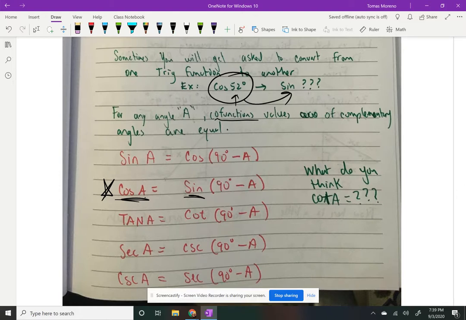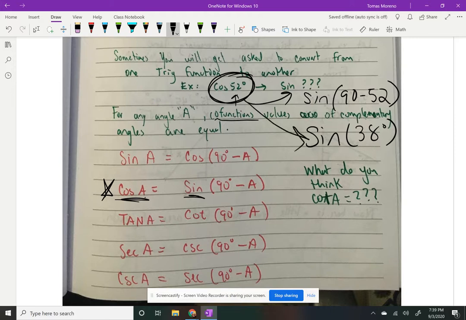So to convert cosine, which I have right here, to sine, all I would do is go sine of 90 minus 52, and I get sine of, let's see, 38 degrees. So cosine 52 will convert to sine 38. So we just got to kind of remember this.